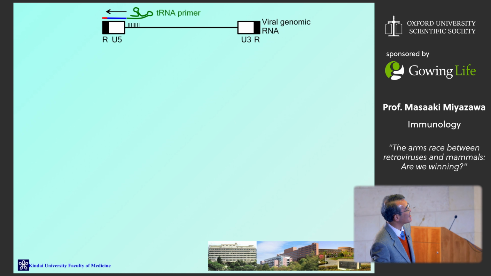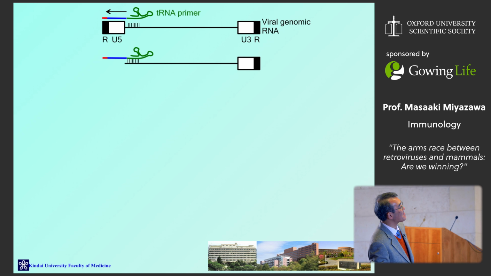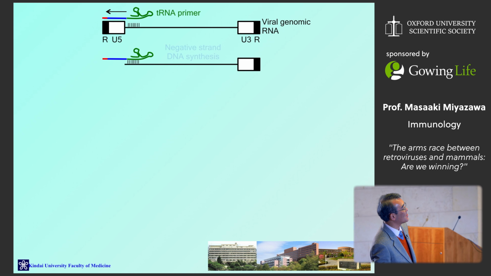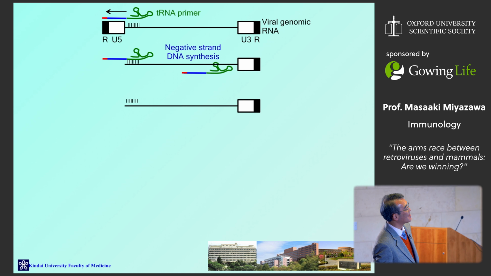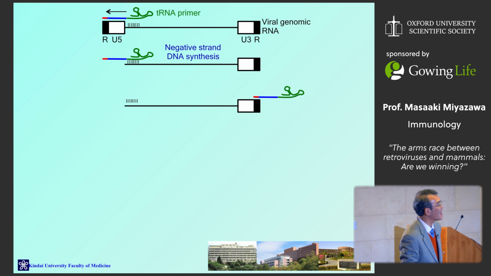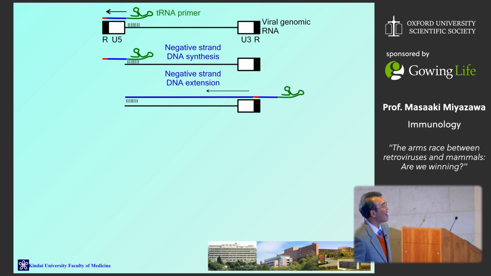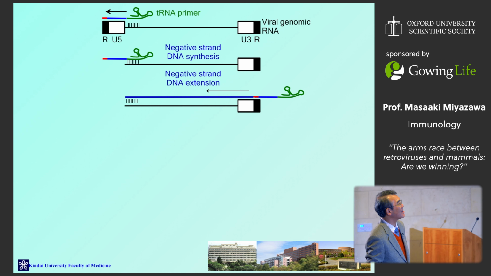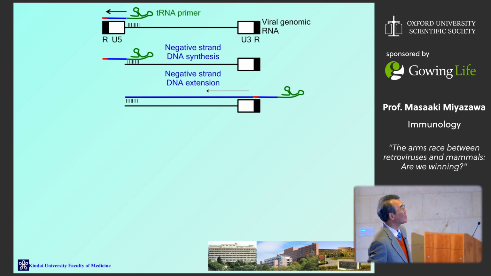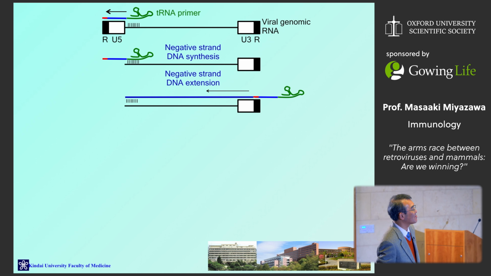When the DNA is reverse transcribed through the R sequence, it jumps back to the 3' terminal end of the same R sequence, and this is used as the primer to continue producing the negative strand DNA to this area, which is also hybridizing to the tRNA. This is the primer-binding sequence.